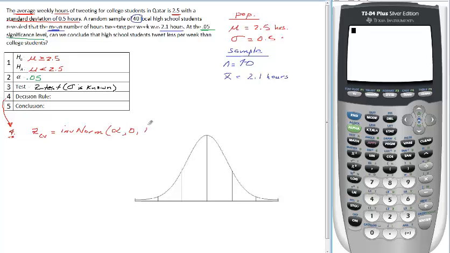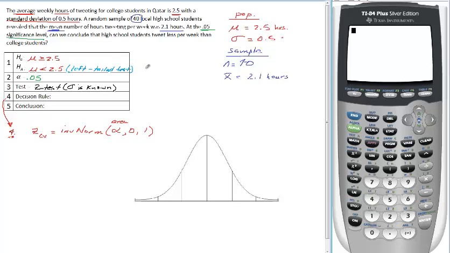Alpha, 0, 1. Now why did I pick alpha, 0, 1? Because in the calculator, it's asking for the area when you do that. Now why did I pick alpha? Well, this is what we call a left-tailed test, and a left-tailed test comes from this information right here. So when it says in the alternate hypothesis that we're testing to see if mu is less than 2.5, that means we are doing a left-tailed test.